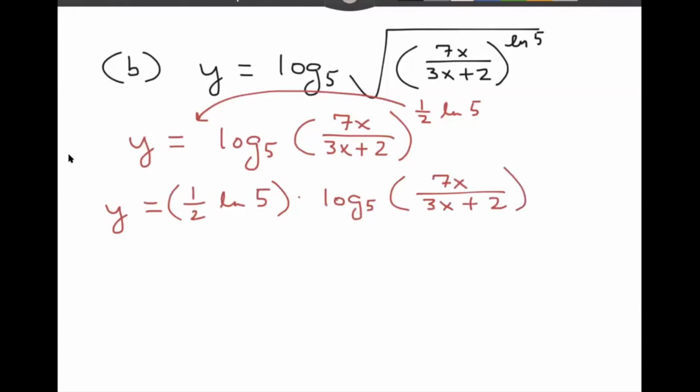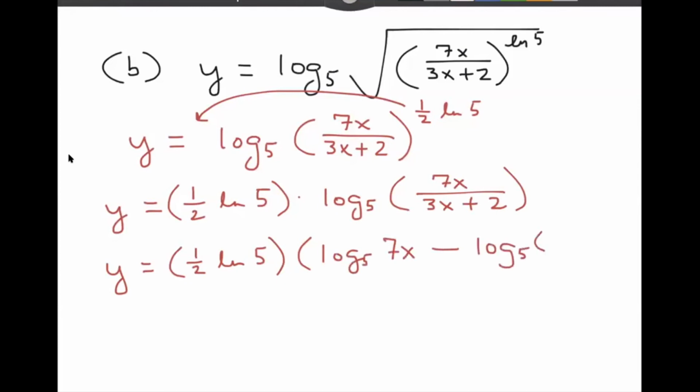And then finally, we can use the quotient property to write that log base 5 as log base 5 of 7x minus log base 5 of 3x plus 2. That's going to be a lot easier to differentiate than if I had tried to do it the way they gave it to us. Okay, so now we're ready for dy dx.